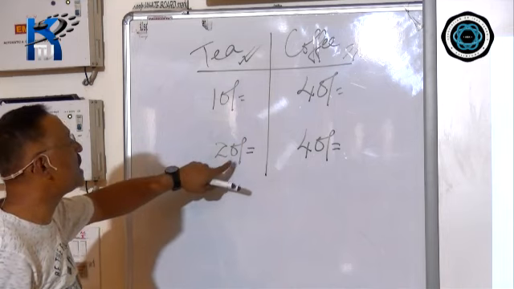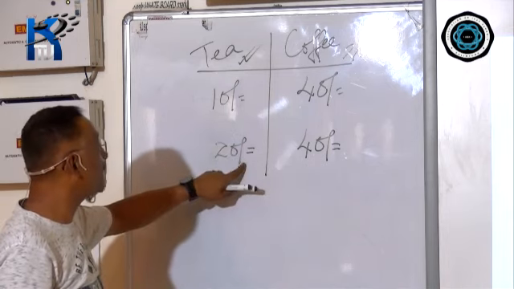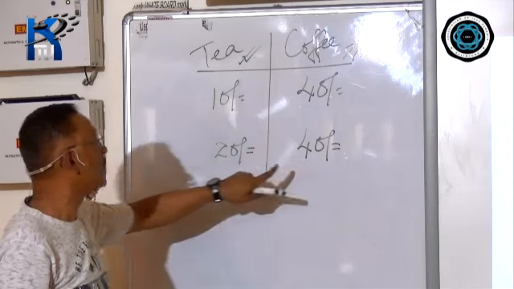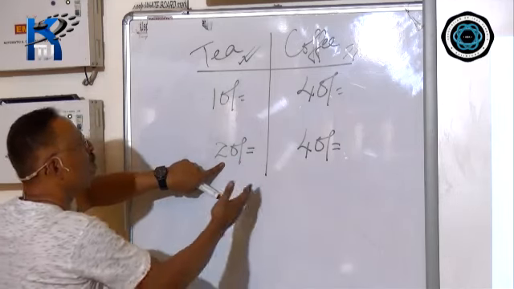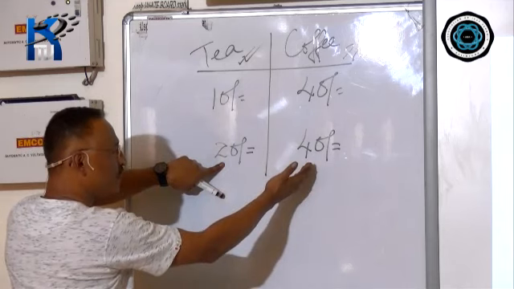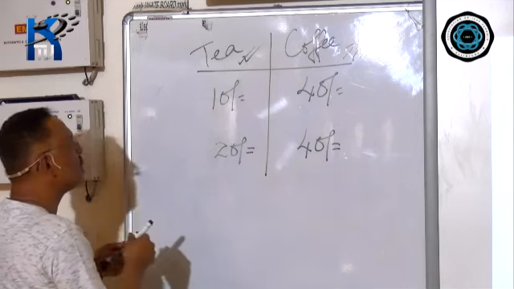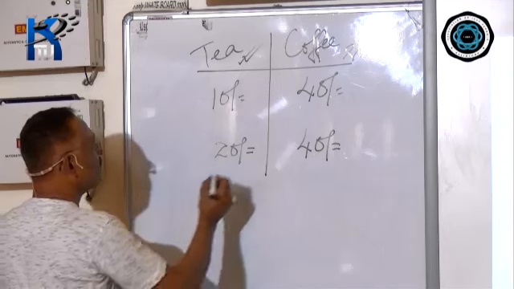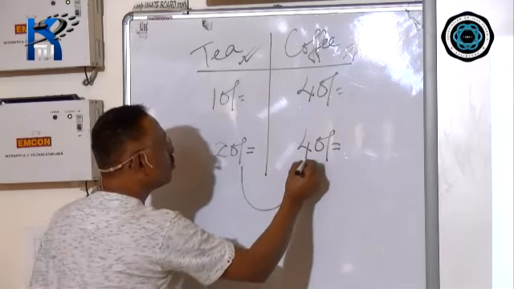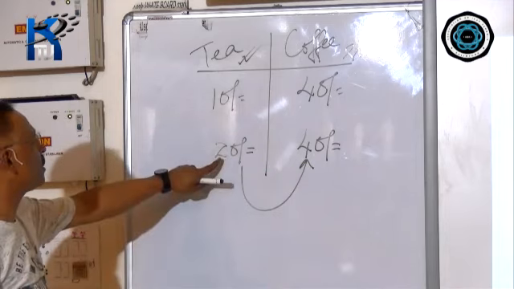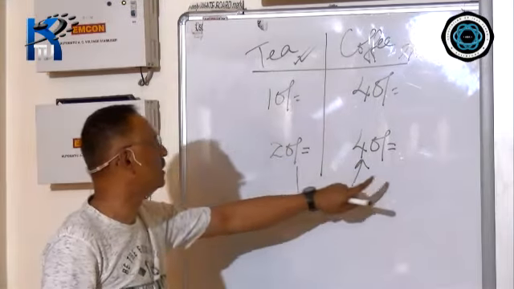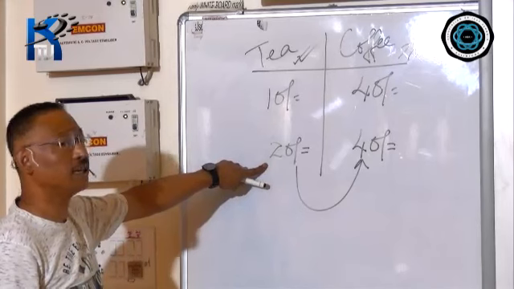Tea is relatively costlier. If tea is relatively costlier, people will say tea is 20, coffee is 40. Why not have coffee? Not much of a difference in the price. Some of the consumers will switch over from tea to coffee. What will happen to the demand for tea when consumers switch over to coffee? The demand for tea will decrease.